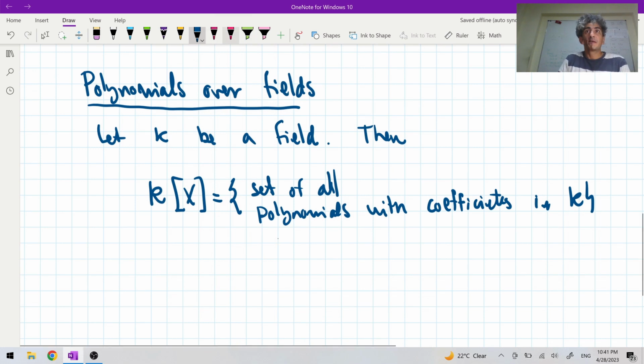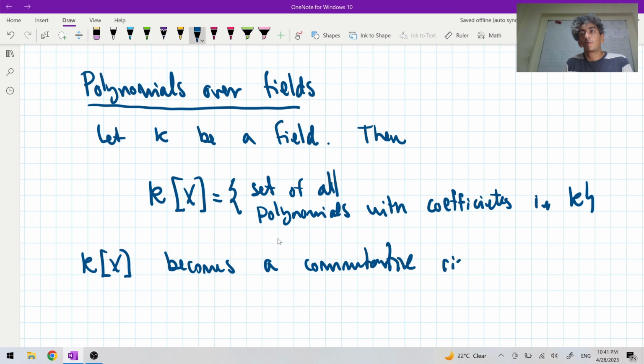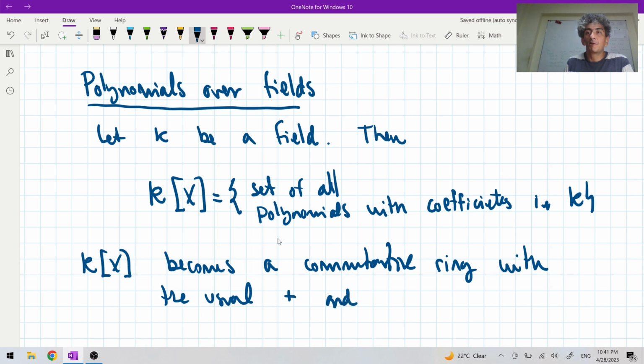But K is endowed with addition and multiplication, so K of X becomes a commutative ring with the usual addition and multiplication of polynomials.